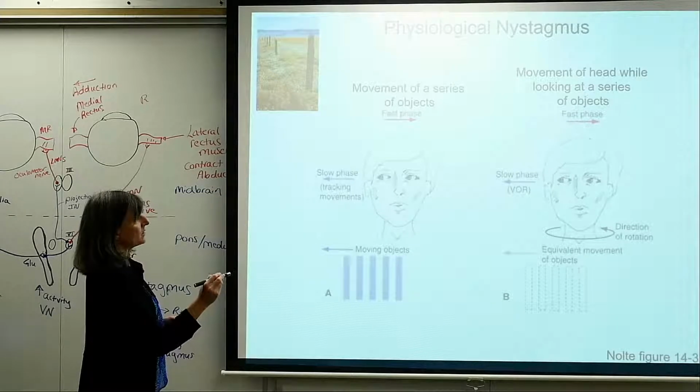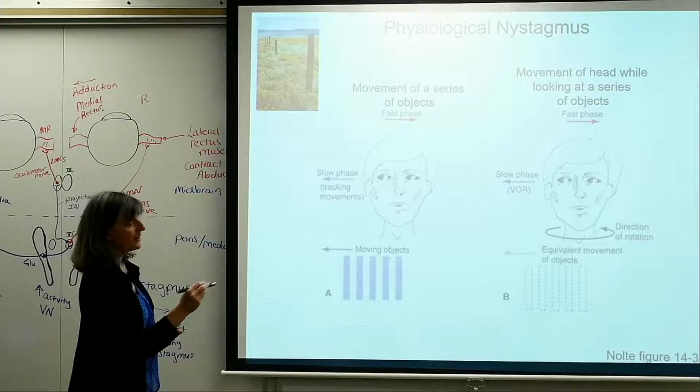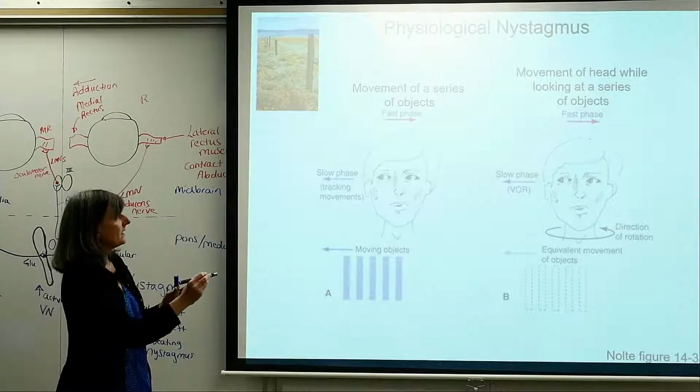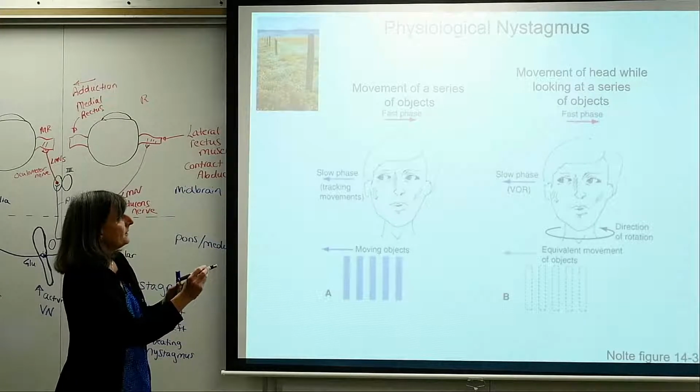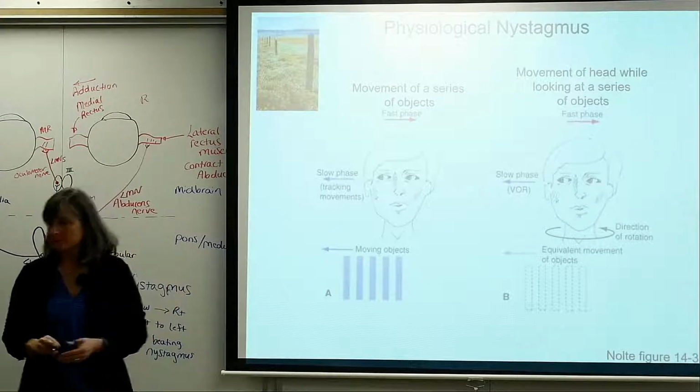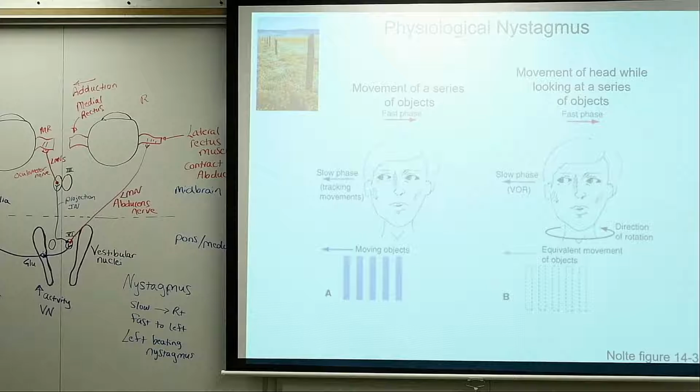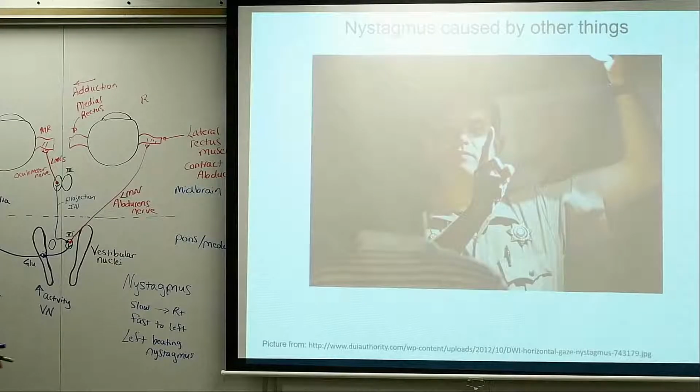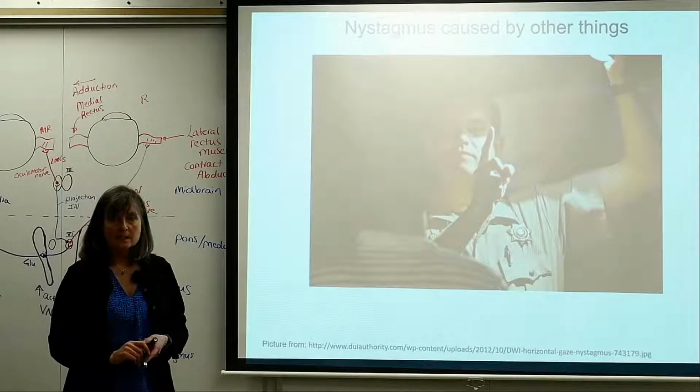You only pick up visual information during that slow phase. The slow phase, again, is controlled by the VOR, and then the fast phase is the reset. So that's physiological nystagmus. We can also have other things that can cause nystagmus.